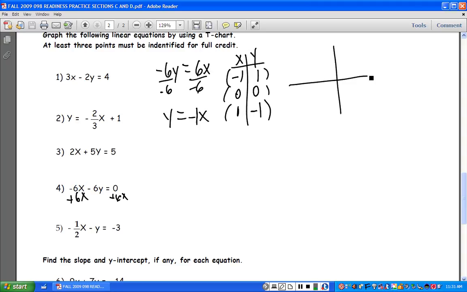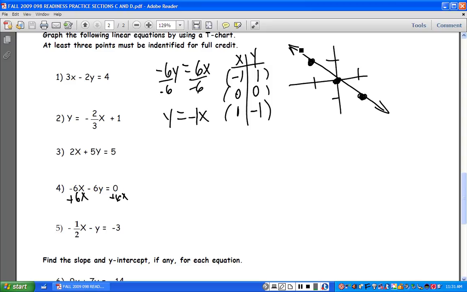So real easy to graph. So -1, 0, -1 plus 1, 0, 0, and over 1 down 1. And so this one is very easy to graph.